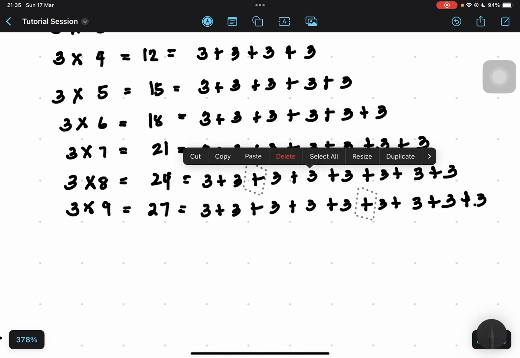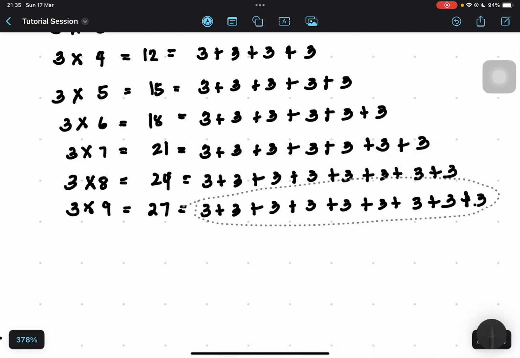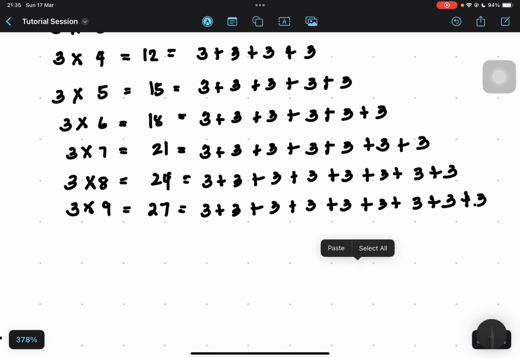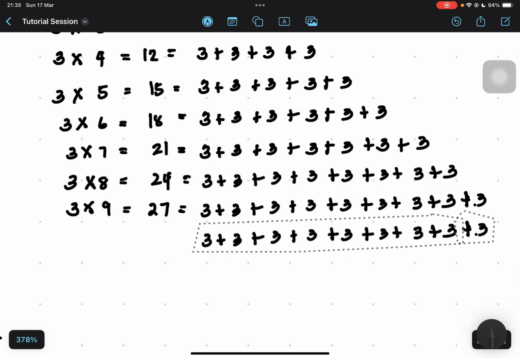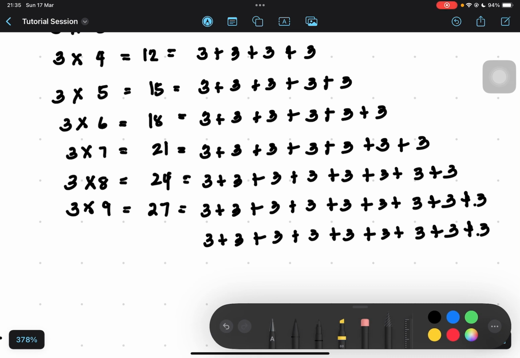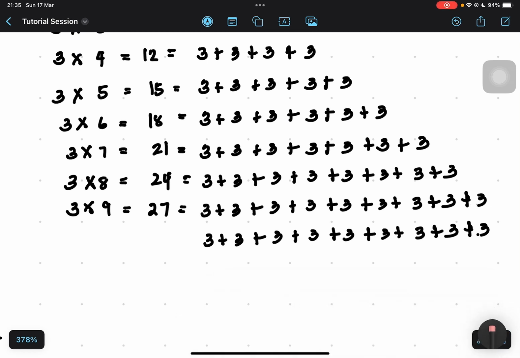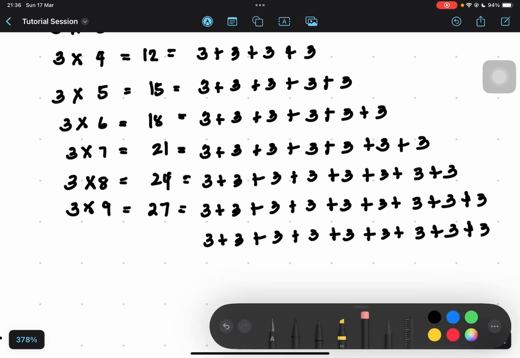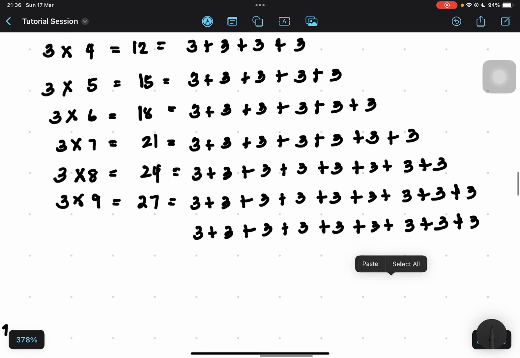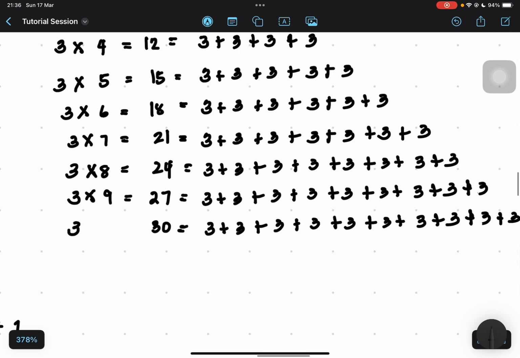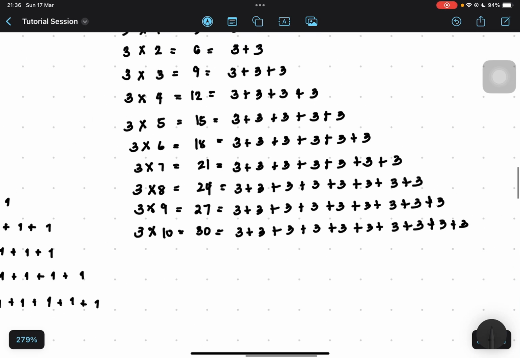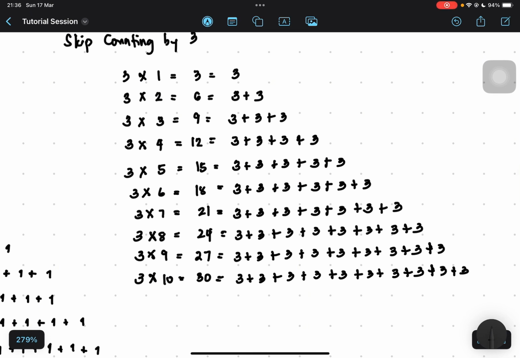Then we add another 3 on it to make the value 30. So that is, in mathematical expression in multiplication, 3 times 10. So this is skip counting by 3.